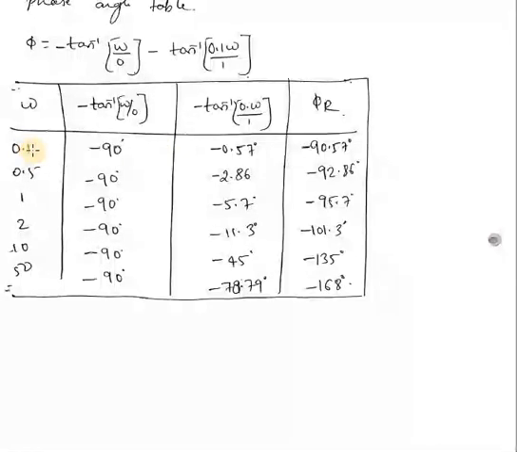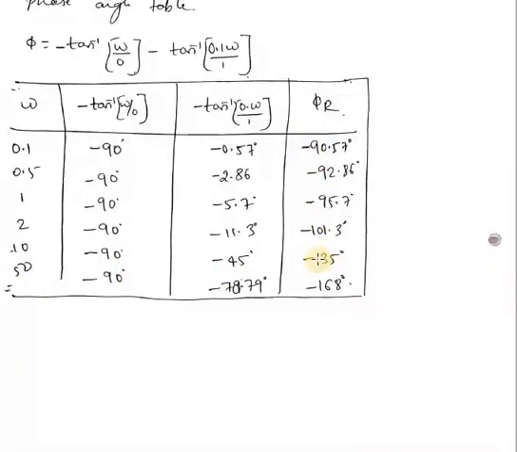The first value of omega is 0.1. If you substitute that, the angle will be minus 90, and here it is minus 0.57, and the resultant angle will be minus 90.57 degrees. Similarly, vary omega: 0.1, 0.5, 1, 2, 10, and 50. The respective resultant angles are these.